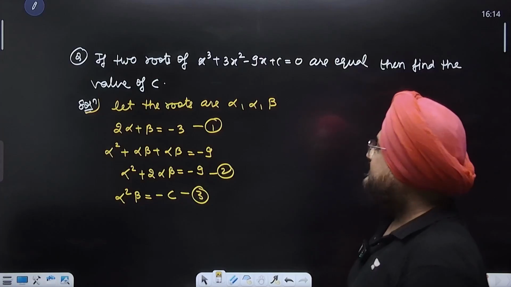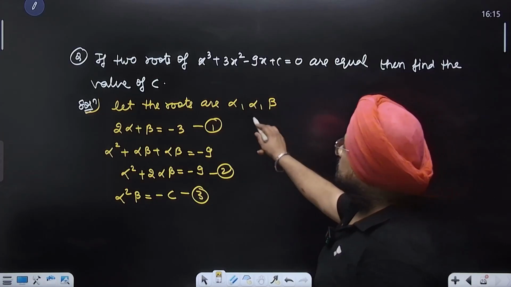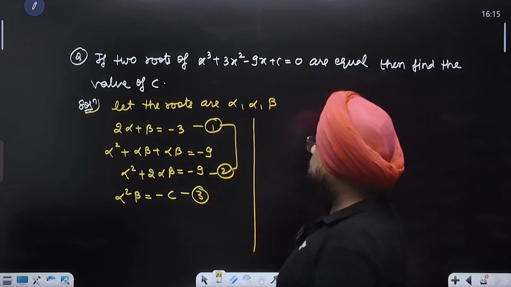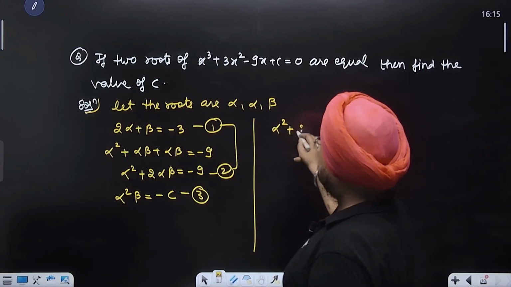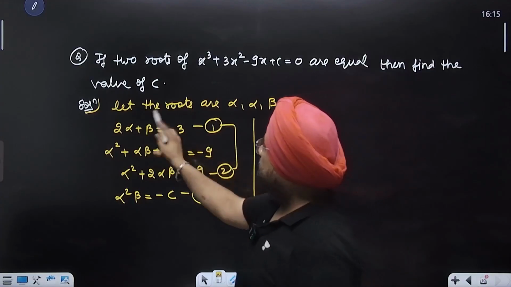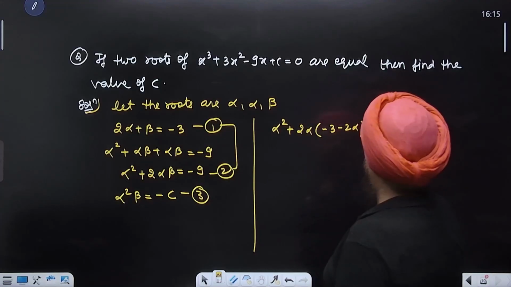So how can we solve this? Solve 1 and 2 for alpha and beta. In equation 2 I can put the value of beta as minus 3 minus 2 alpha.